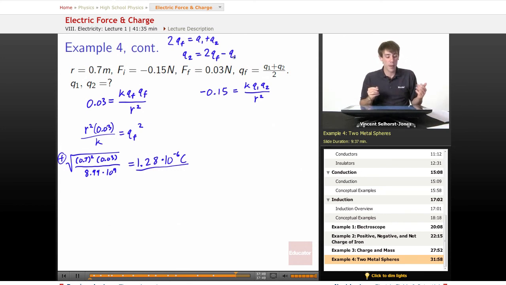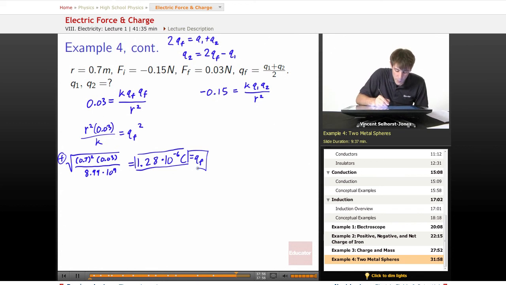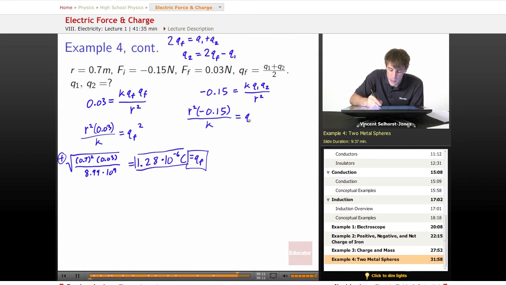Now this isn't a problem anymore because we know what Q final is, right? So if we know what Q final is, we can throw that in down the road. So now we can just toss in what we've got, negative 0.15. Let's simplify this a little bit as we go. Move R squared, move that K. So we're going to have Q1 times what we sub in for Q2, which is 2Q final minus Q1.